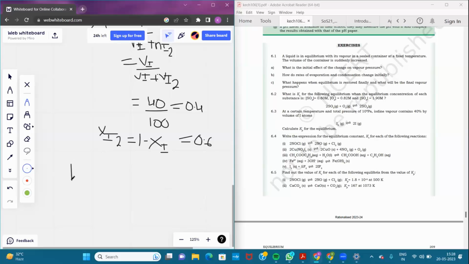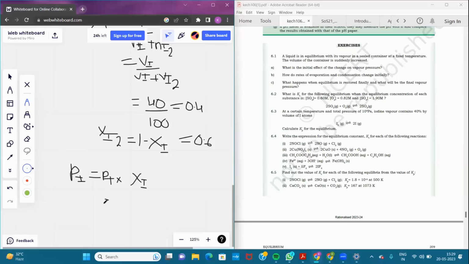Now we'll find the partial pressures. As per Dalton's law, partial pressure of iodine atoms is total pressure into mole fraction. Don't confuse it, this is multiplication.